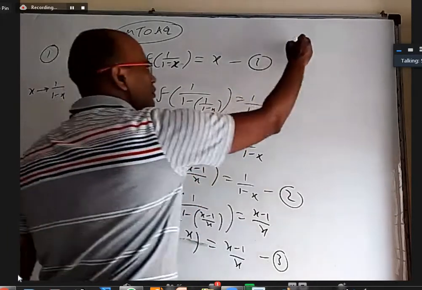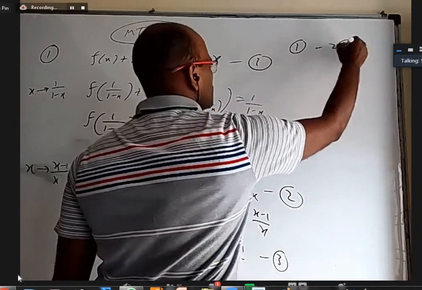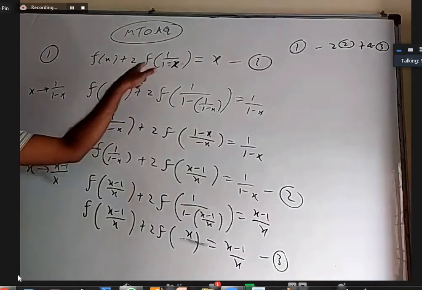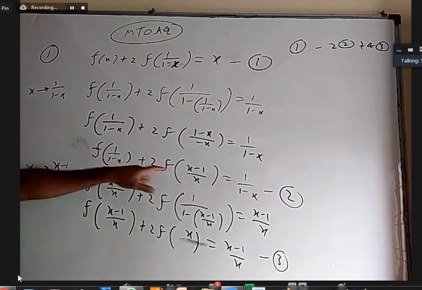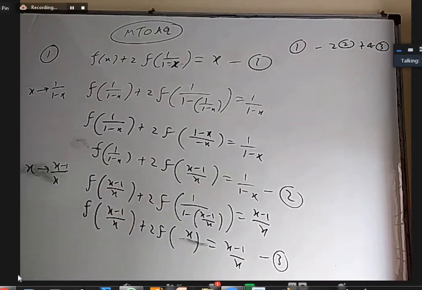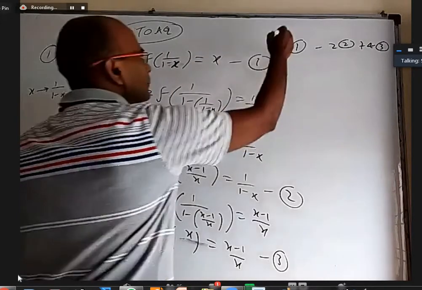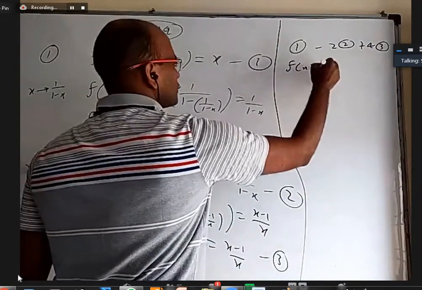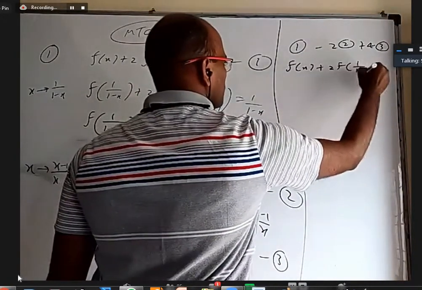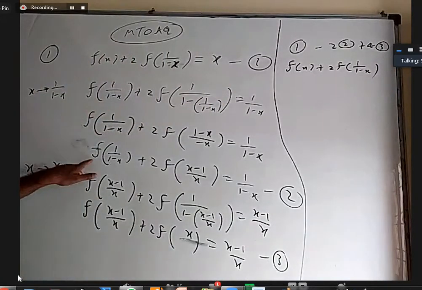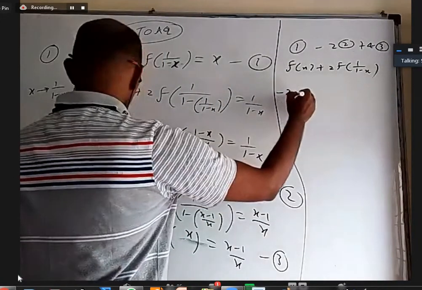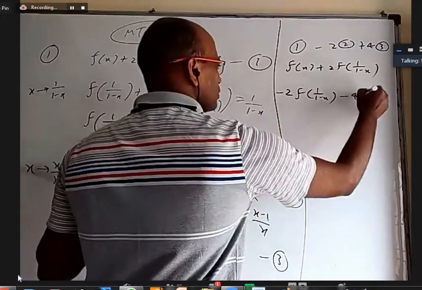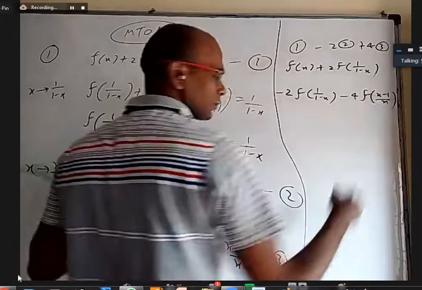Okay, now I'm going to do equation 1 minus 2 times equation 2 plus 4 times equation 3, as discussed already. Because here 2 is there and here 2 is not there. I have to multiply 2, this I have to multiply 4. Then I'll get f(x) + 2f(1/(1 - x)). I'm going to multiply 2 and subtract, so it will be -2f(1/(1 - x)) - 4f((x - 1)/x).